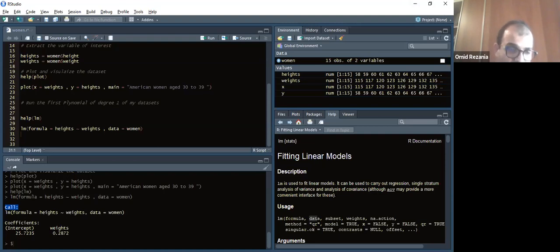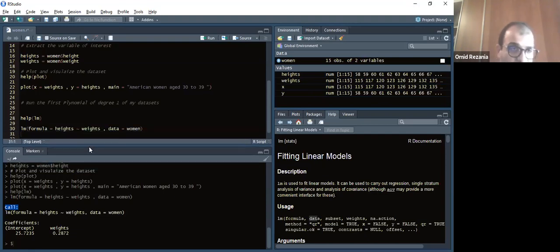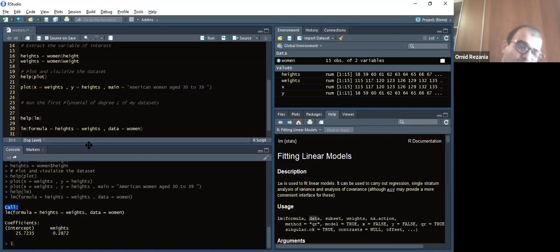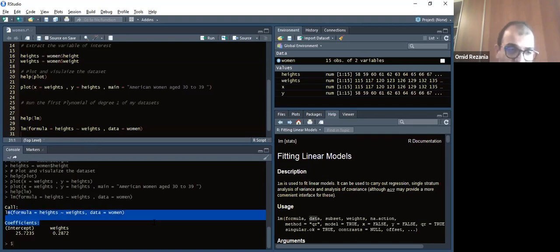Okay, now, when you run this model, if you go to the console which you have, either in RStudio or the R environment, you will see that you have something which is called call. You see that? It's reminding you of the formula which you had.